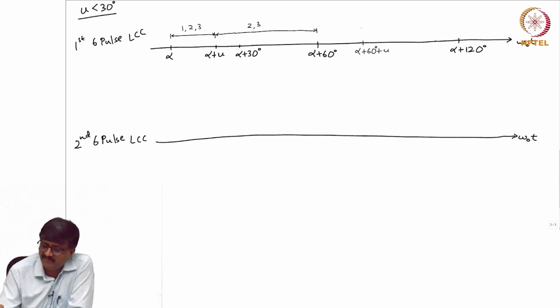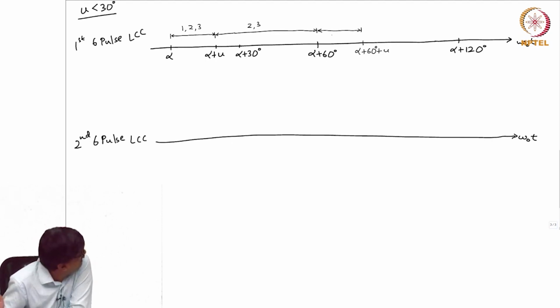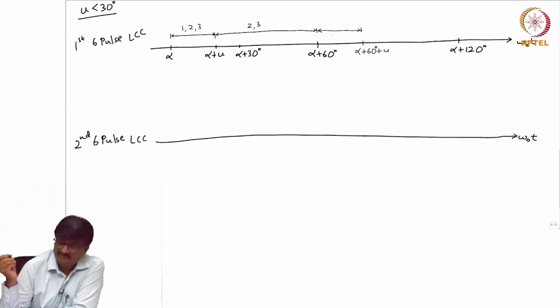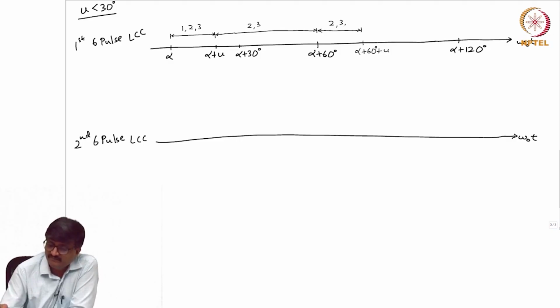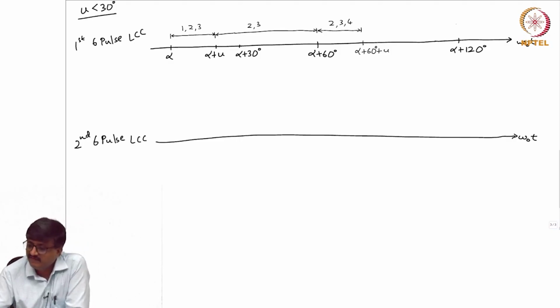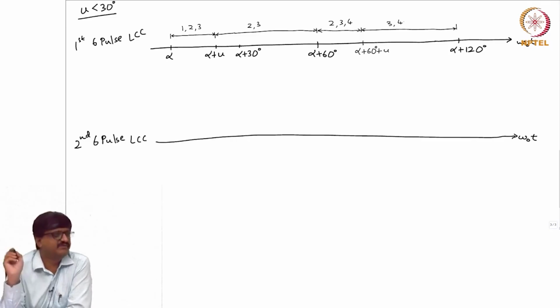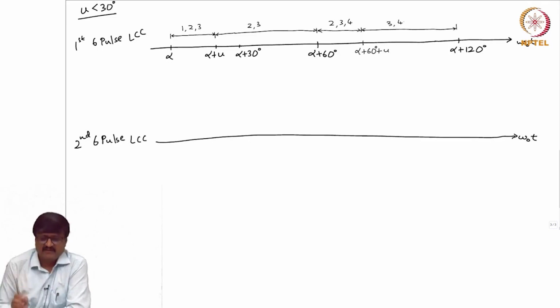From alpha plus 60 to alpha plus 60 plus u, what are the valves that conduct? 2, 3, 4. Then alpha plus 60 plus u to alpha plus 120 degrees, it is 3, 4. That is something we have studied.